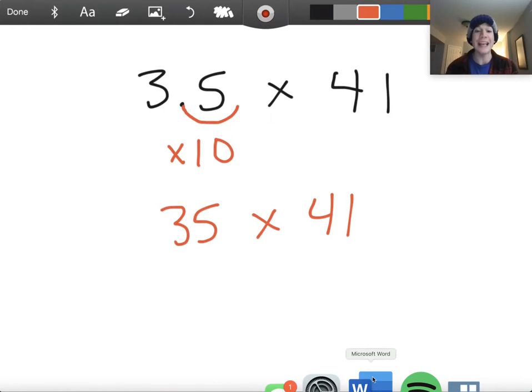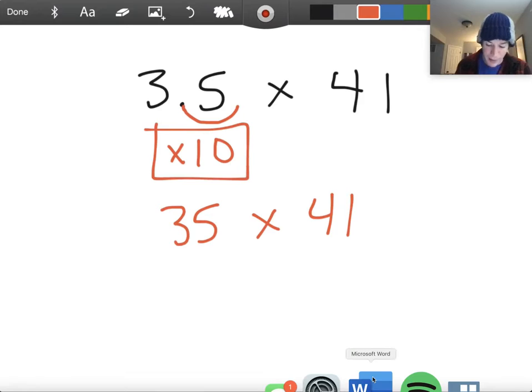I would take 35 times 41, but because I multiplied by 10, I know my answer is going to be 10 times bigger than I really want it to be. So to make up for that, when we get our answer, we will divide it by 10. Or in other words, we will move the decimal back one time.